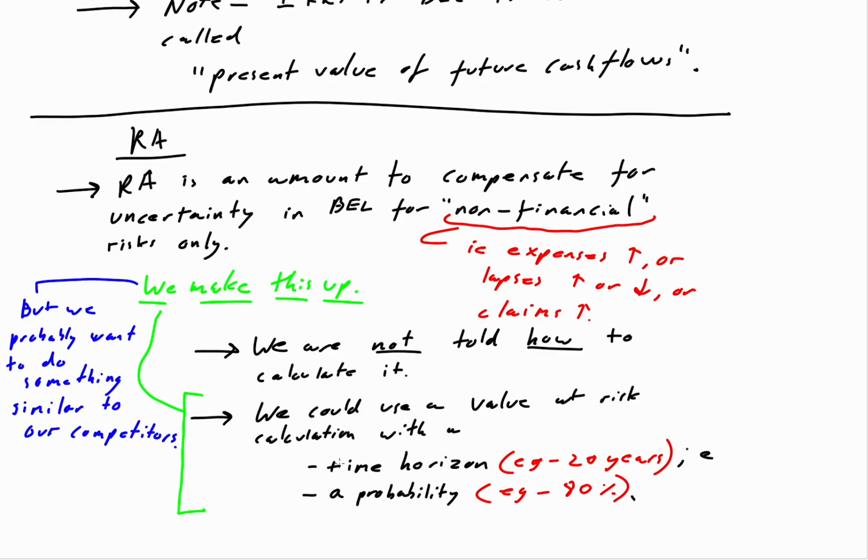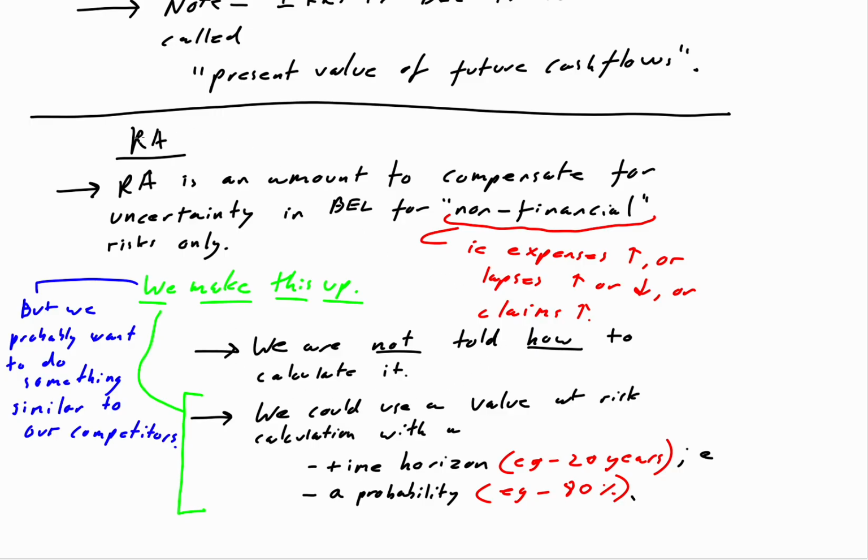Whatever approach you choose, you don't want to do something crazily different, because then it makes your accounts less comparable with those of your competitors. The whole idea is that you apply a certain set of regulations to accounts, so it's easy to compare different insurance companies with other insurance companies.